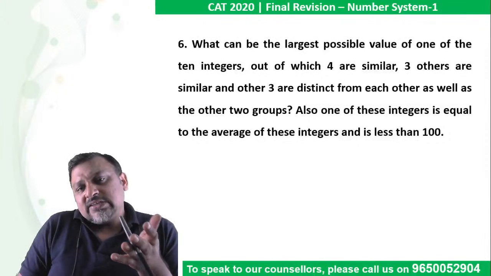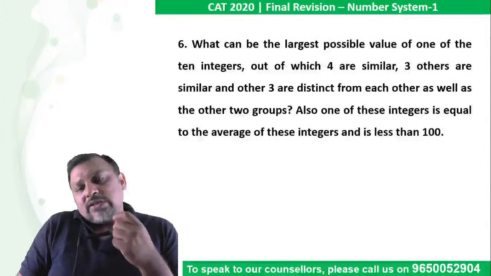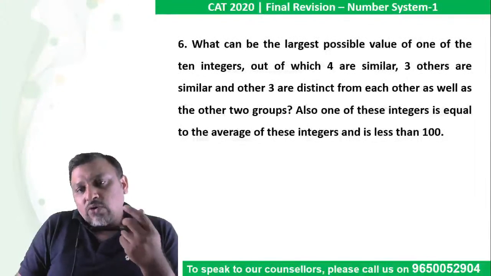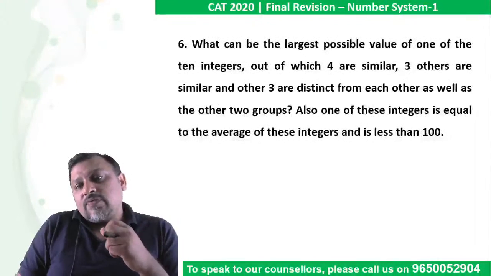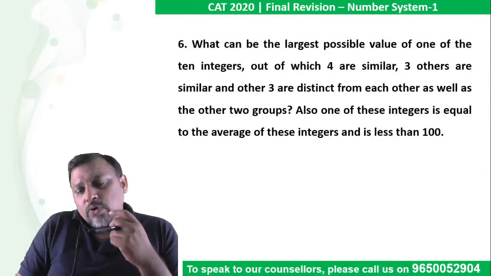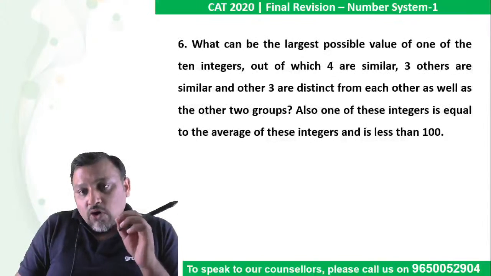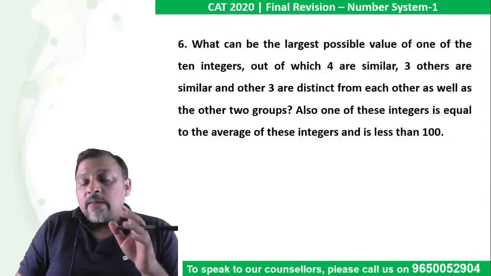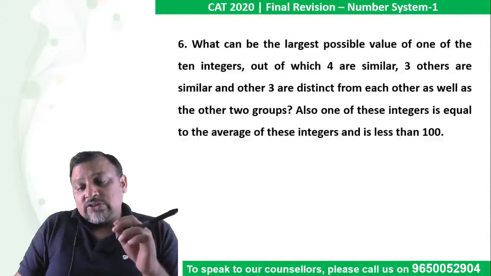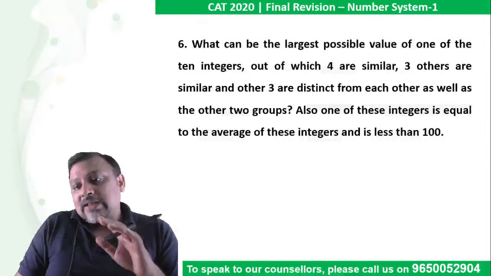See, I would say this is of reasoning. You can say a QA question involving pure reasoning. I don't think there is a concept of numbers involved in this question as such. It's a pure reasoning question, and these are very common in CAT. You have generally around 4 to 5 questions in QA which involve pure reasoning and nothing else.